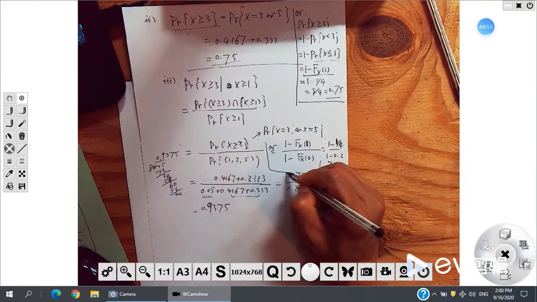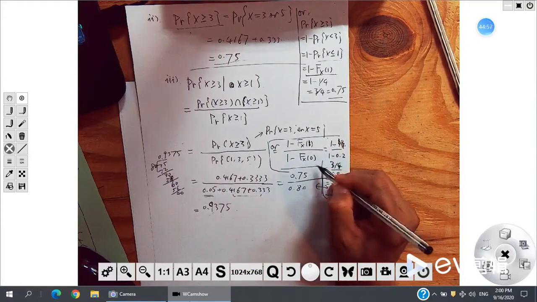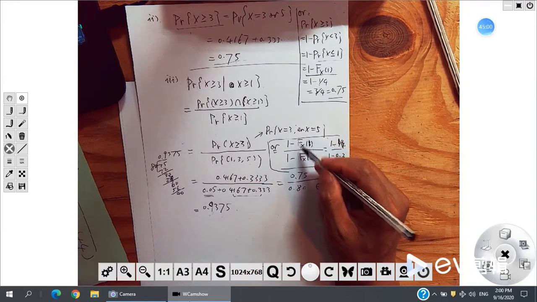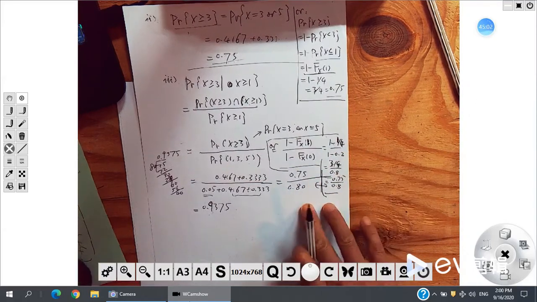So this is also a method to calculate. We use F_X to do the calculation. And generally, we can have this.